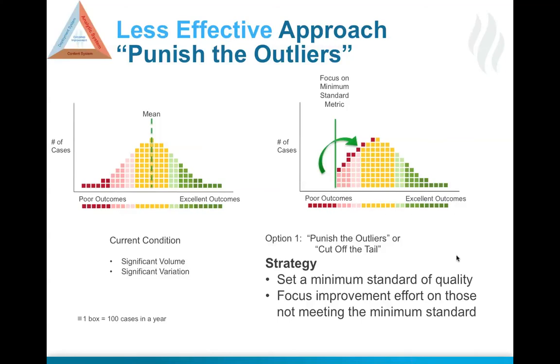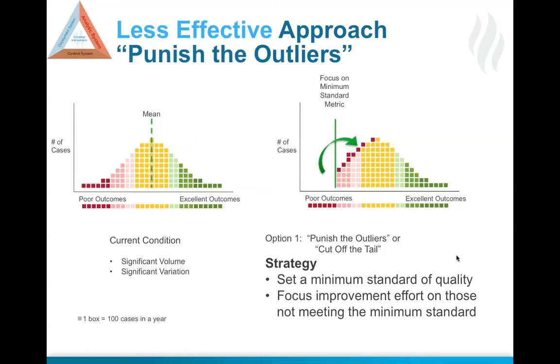One of the first things we'll want to do is figure out which areas we should focus on and how we get improvement to happen. Well, there's a couple of ways we could approach that. One way is what I call the punish the outliers method, or rank and spank.